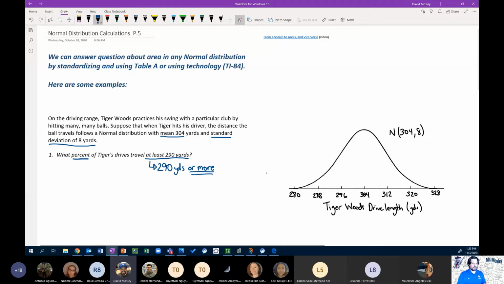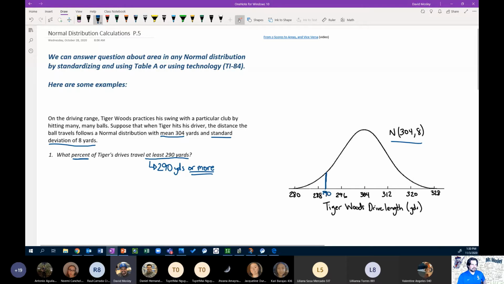So we've got our normal curve here with our mean and standard deviations already labeled, and we have our notation here. So 290 yards is probably going to be about right here, give or take. And again, this is just for reference.